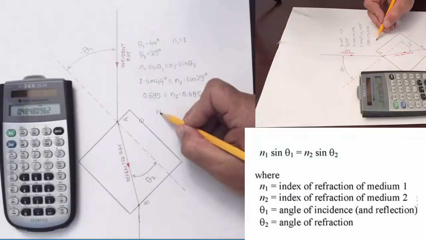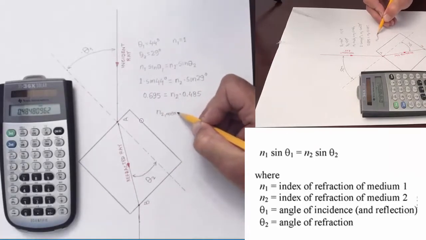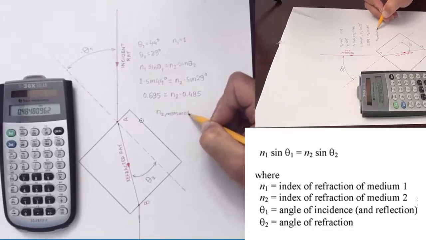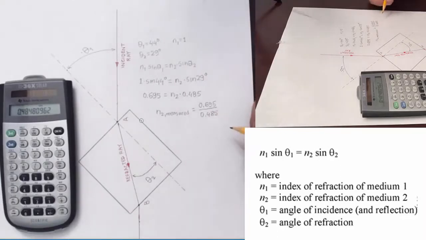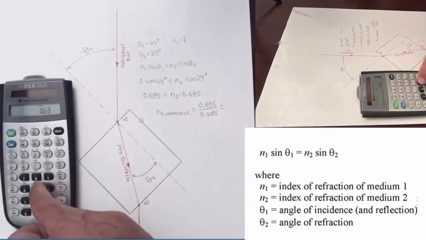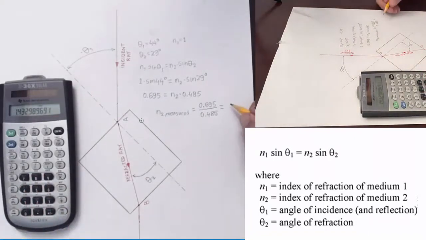From here we can calculate n2 measured, equal to 0.695 over 0.485, which ends up being equal to 1.433.